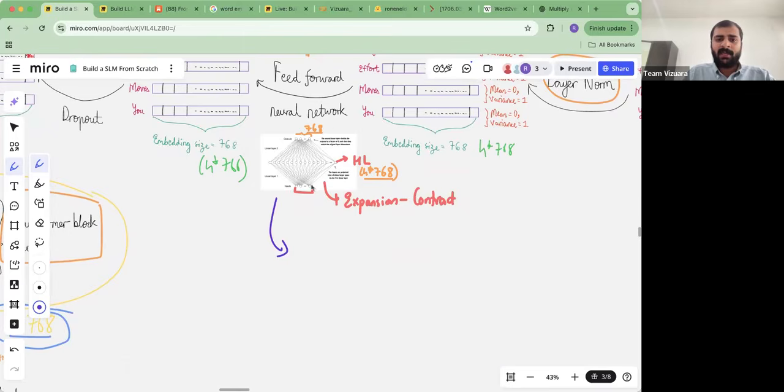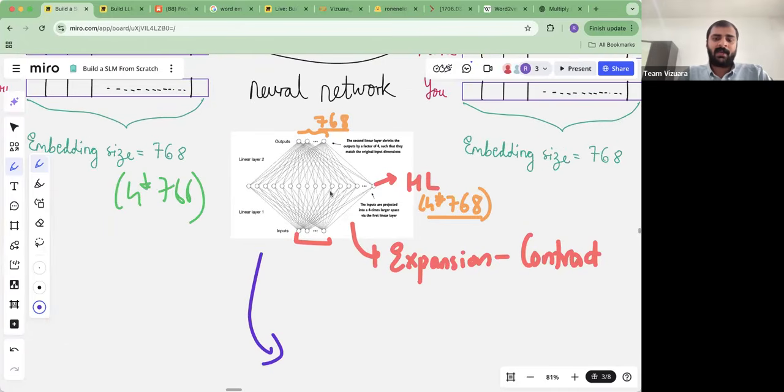Can someone tell me how many trainable parameters are there in one such neural network? If you look at one neural network like this, how many trainable parameters does it have? So assume the same architecture. So the answer is not correct. 768 is not correct. 768 multiplied by 768 is also not correct.